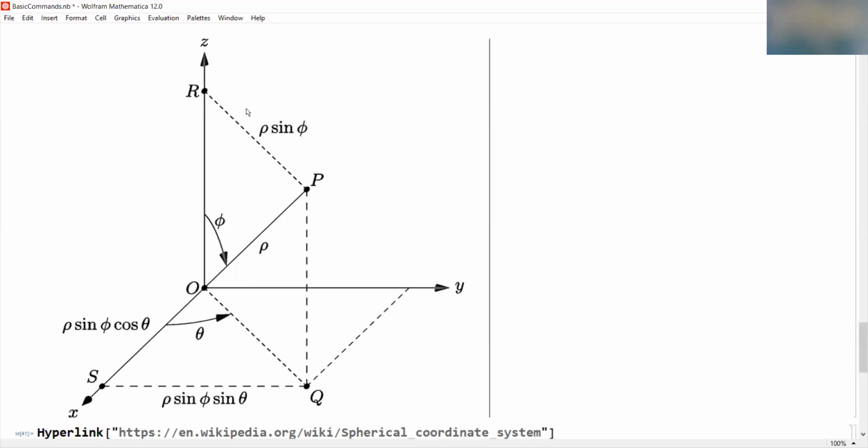This is going to be the radius r as we're sweeping around. So little r is rho sine phi. And now, here is your rho, this is your little r, rho sine phi cosine theta, and then rho sine phi sine theta. So it's really now like polar coordinates, except the radius is not rho, the radius is rho sine phi.